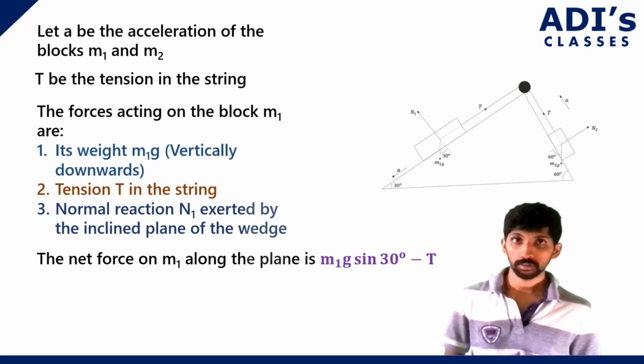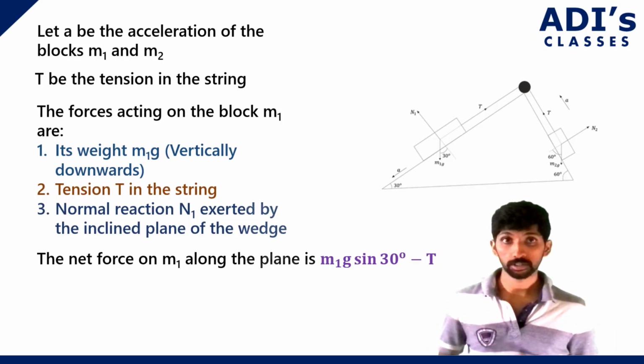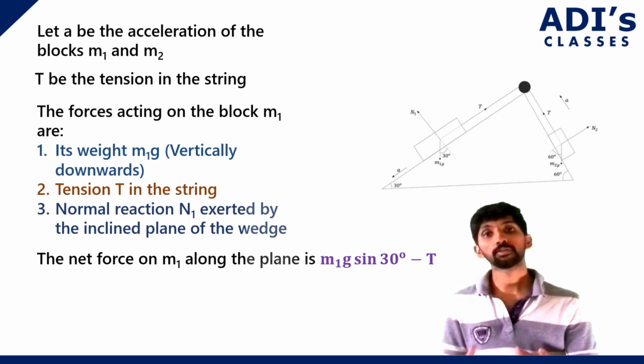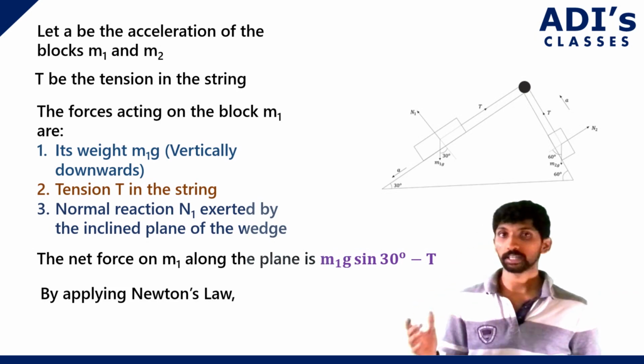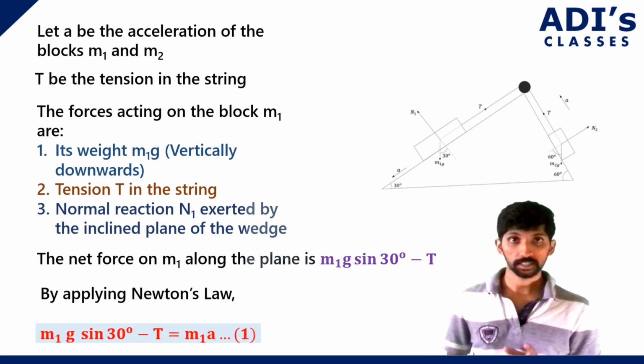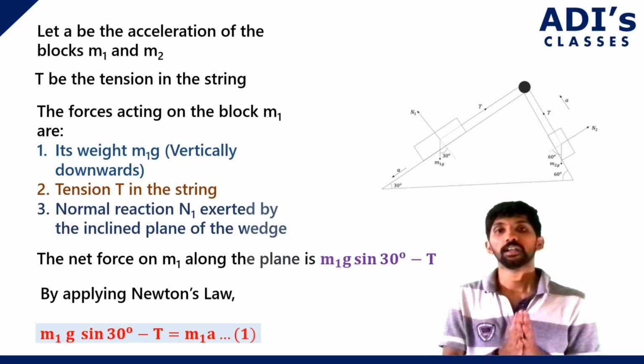Now we apply Newton's law. Once we apply it, you get m1g sine 30 minus T equals m1a.